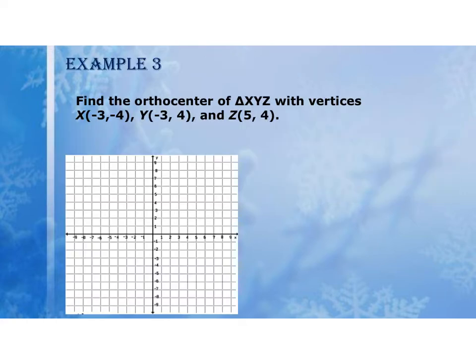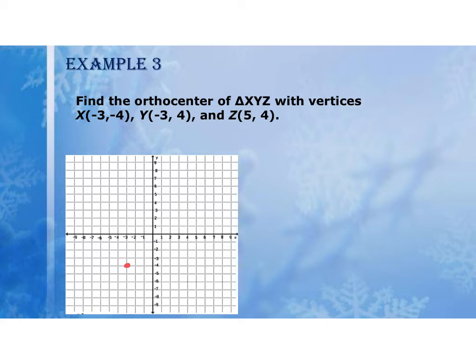Let's try an example. So again, a coordinate plane has been provided. Let's go ahead and graph these 3 vertices. So the first one is X, and it's the ordered pair (-3, -4). I'm going to come over here.